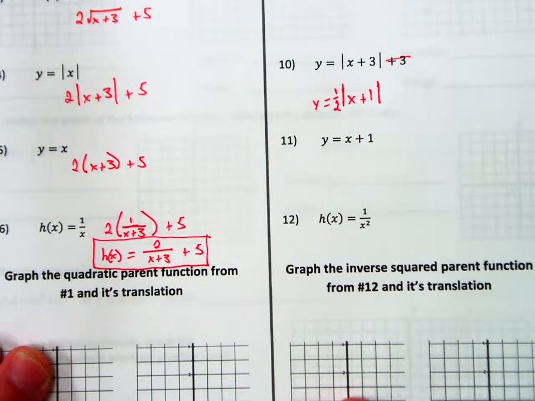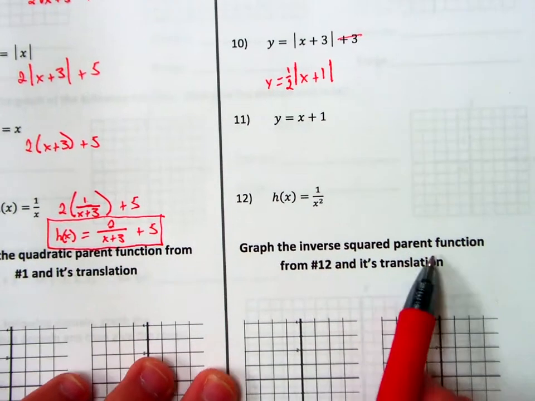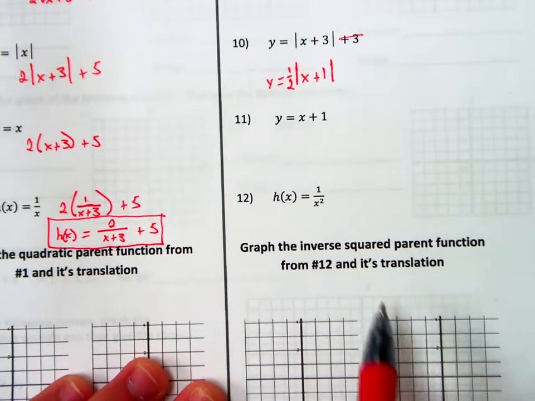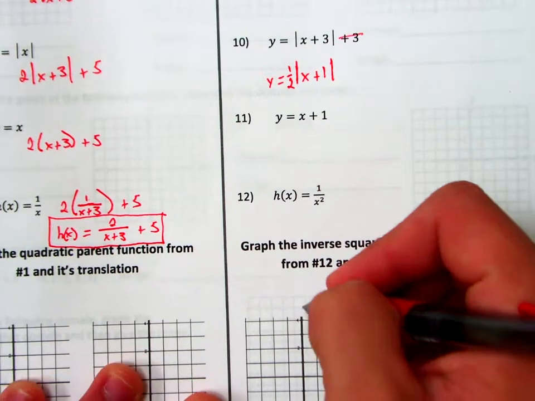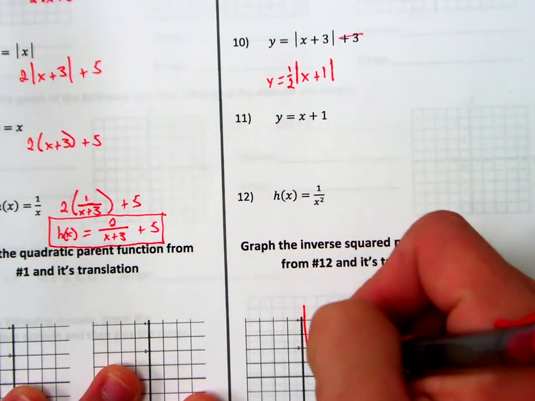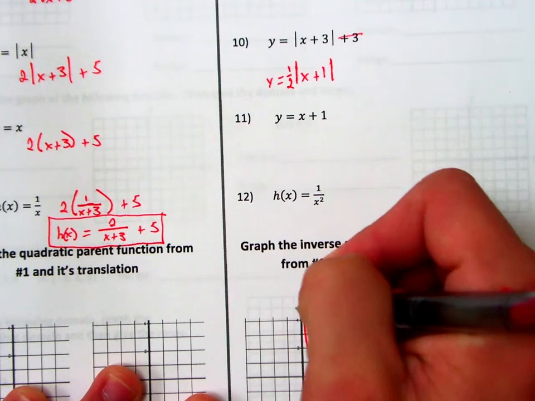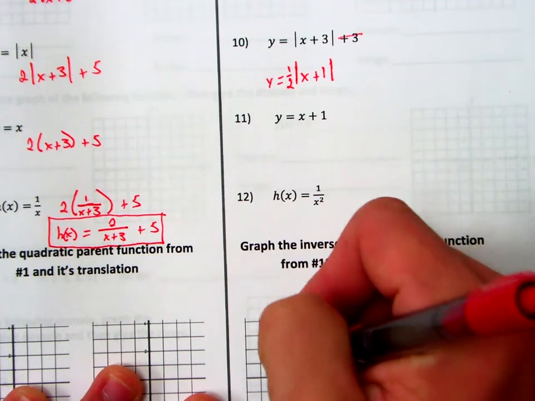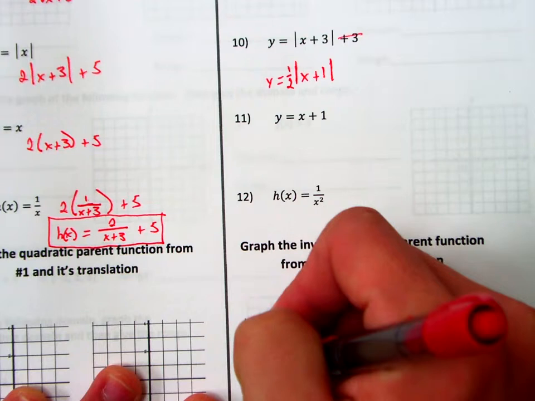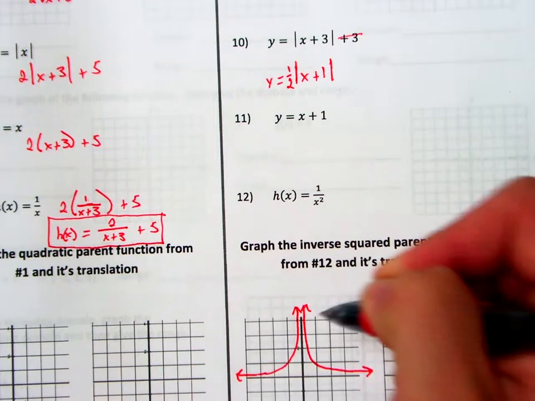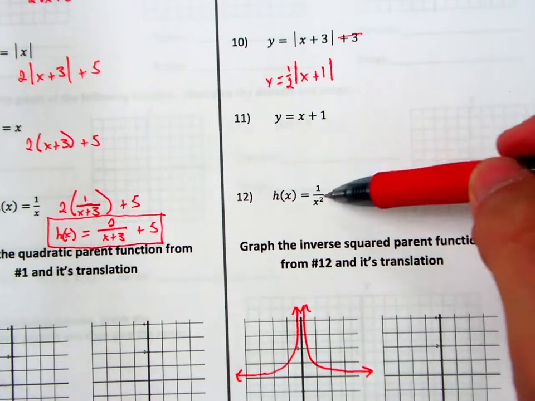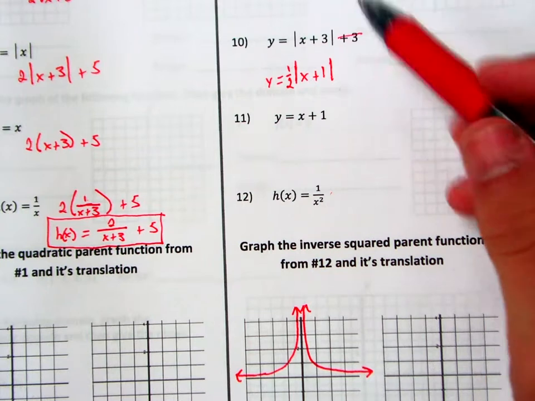Sure, I'm going to go ahead and graph one of these real quick. So graph the inverse squared parent function from number 12 and its translation. Well, here's the inverse squared parent function. Like something like that. And what's the transformation?